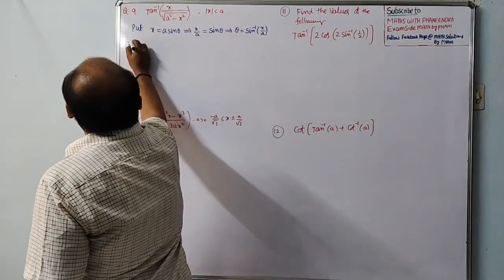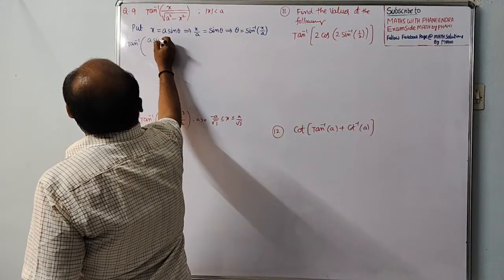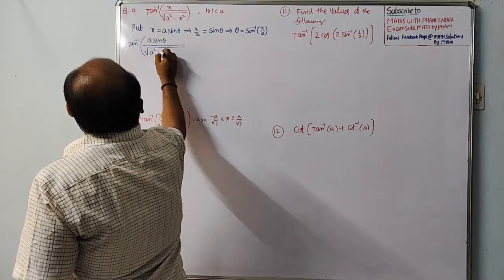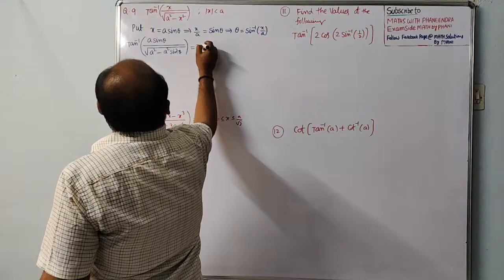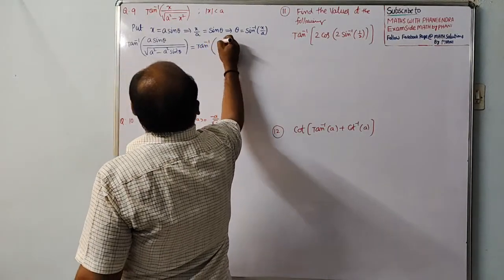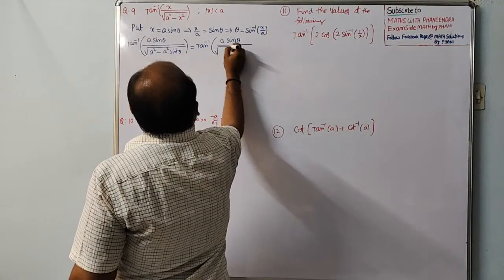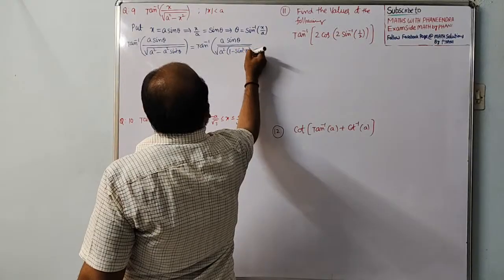So tan inverse of, in place of x, a sin theta by root of a square minus a square sin square theta, which is equal to tan inverse of a sin theta divided by root over a square into 1 minus sin square theta.